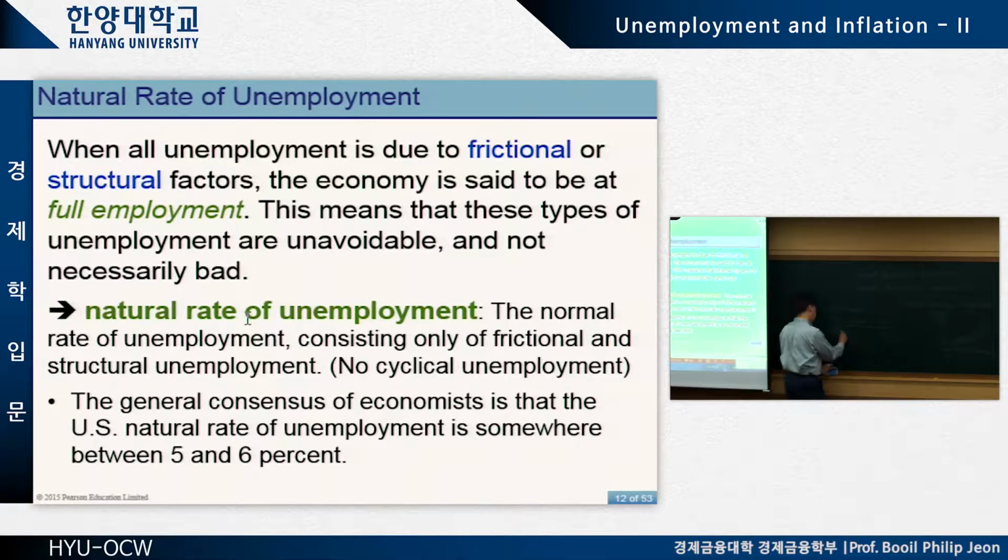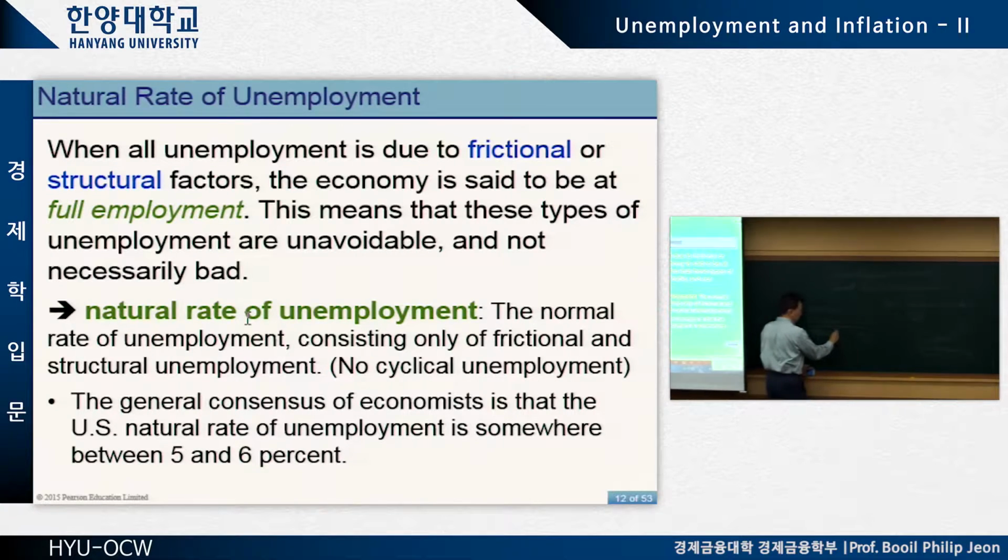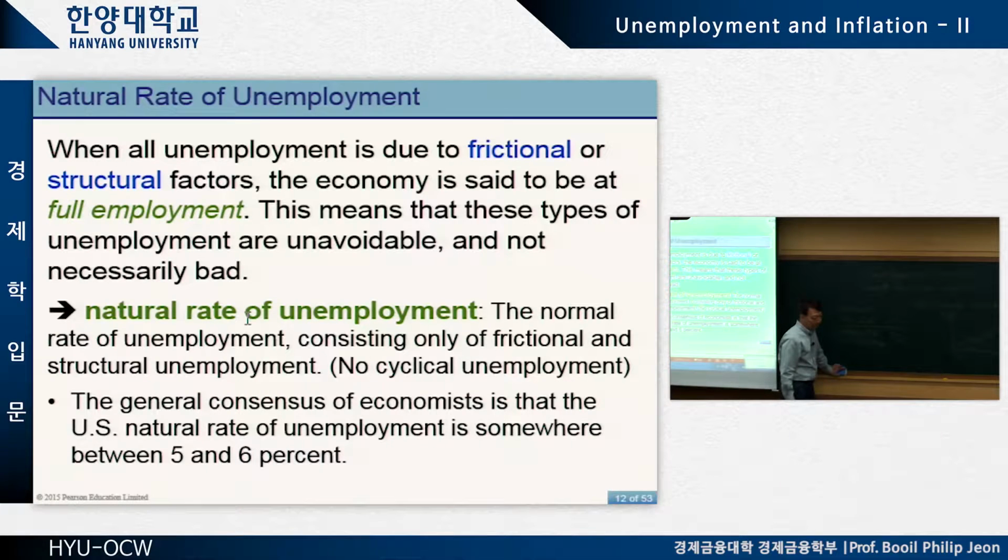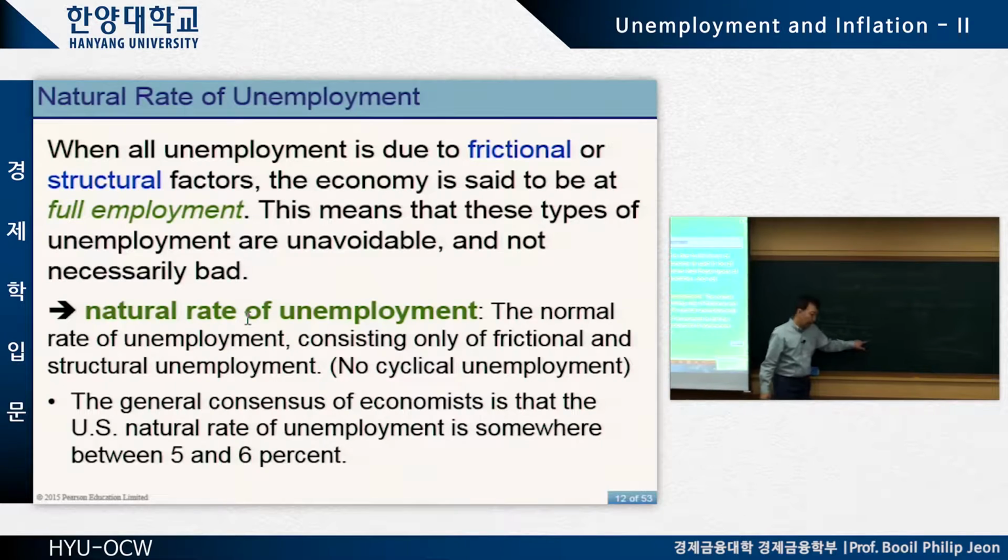Natural rate of unemployment. And when the total unemployment rate is about 5 to 6%, or at the natural rate, we say we have achieved full employment.